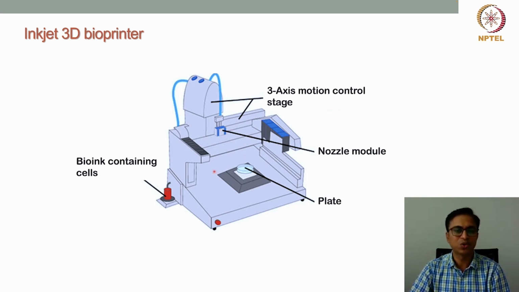So it can go to any x, y coordinates and print the droplets. Also, if you are making a 3D structure, at the beginning the printhead will be at this level, and when the first layer is done, it will go up one layer, and then the next layer will be printed.